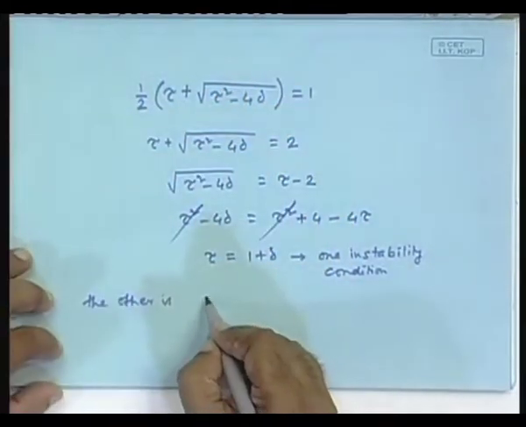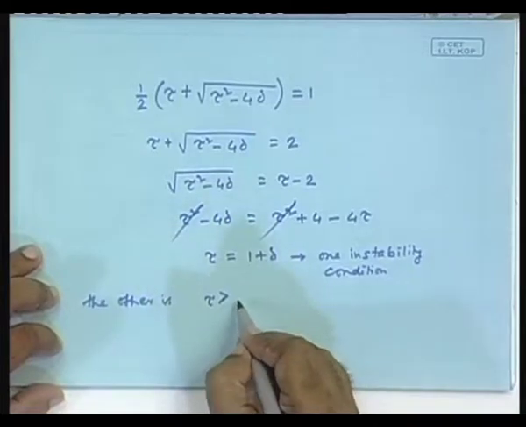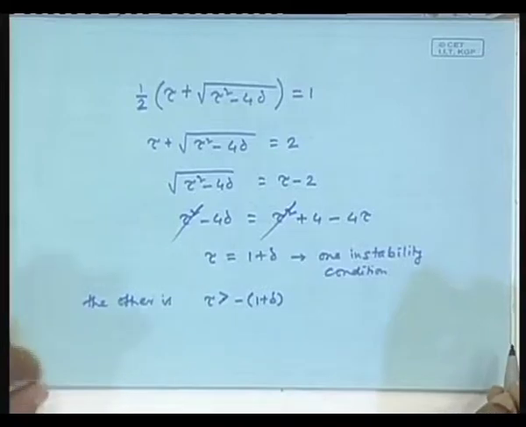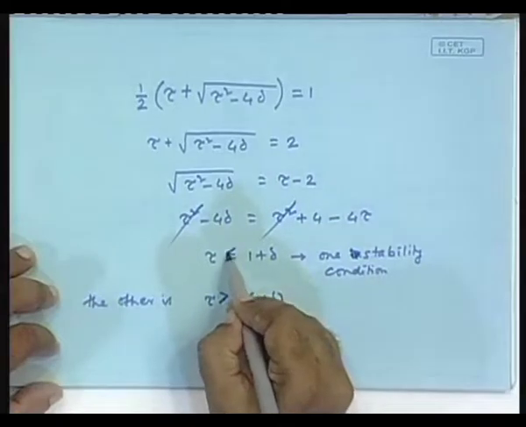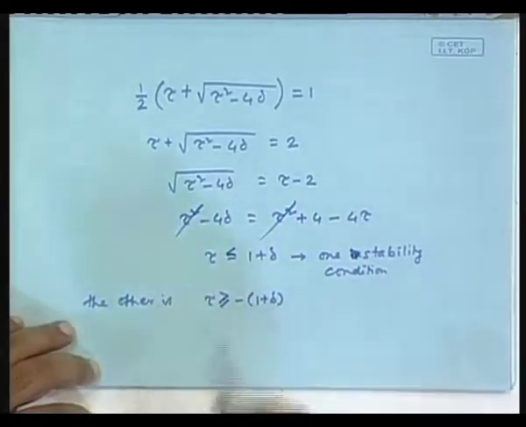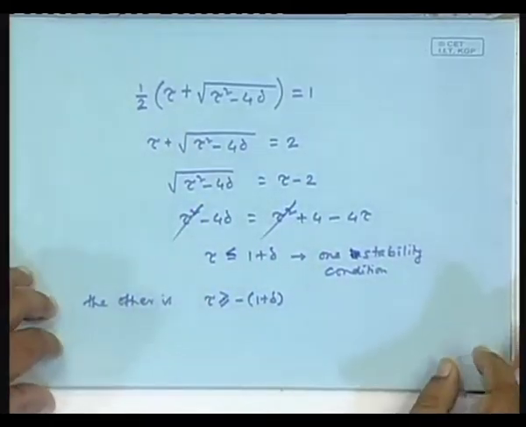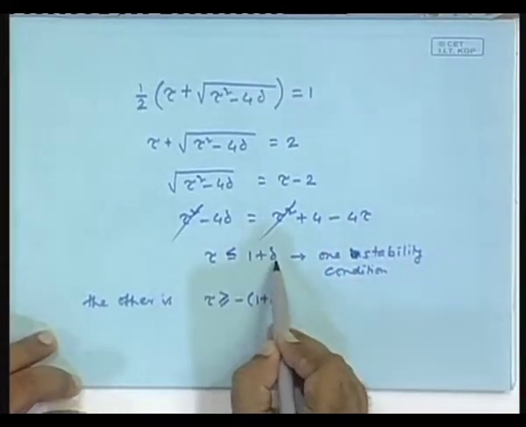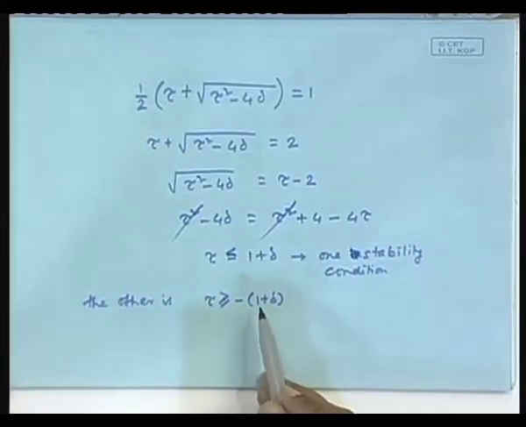So, it will be tau greater than minus, and this is, okay. One stability condition is this, instability condition is this. So, there are two conditions, right. So, I am talking about stability condition that happens when it is less than 1 plus delta and greater than -1 plus delta, then they are stable.